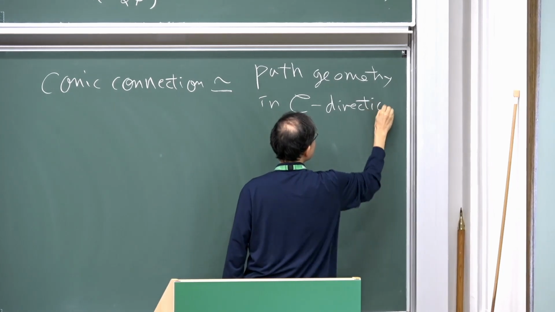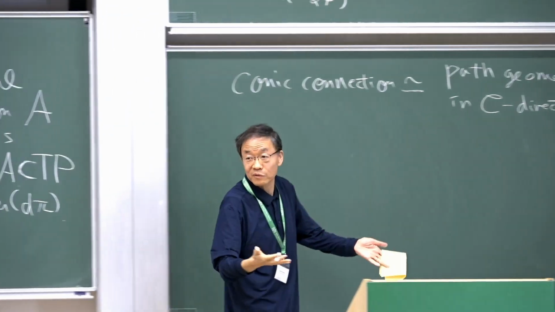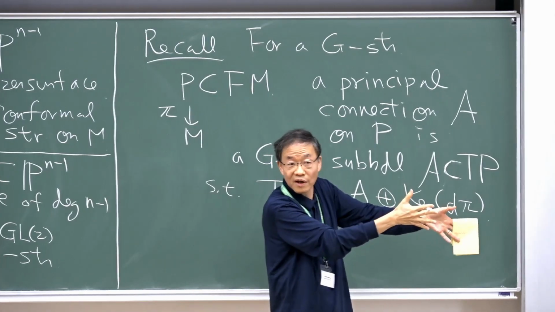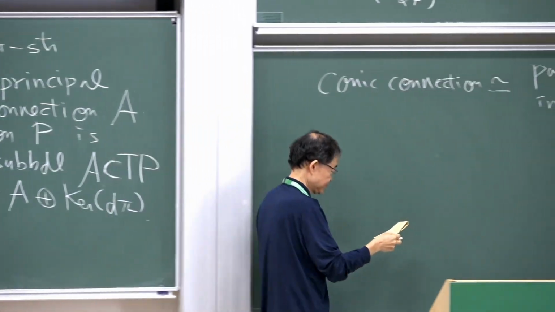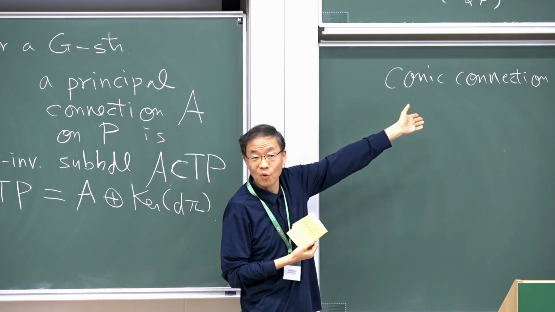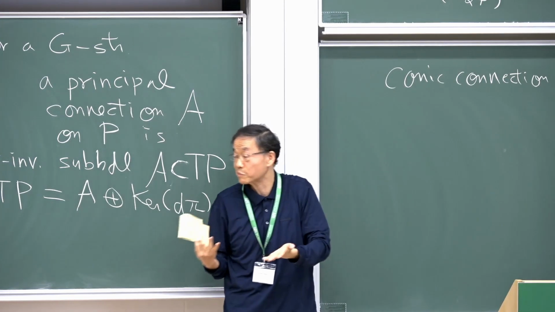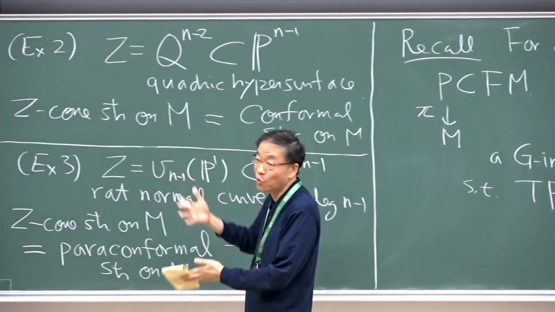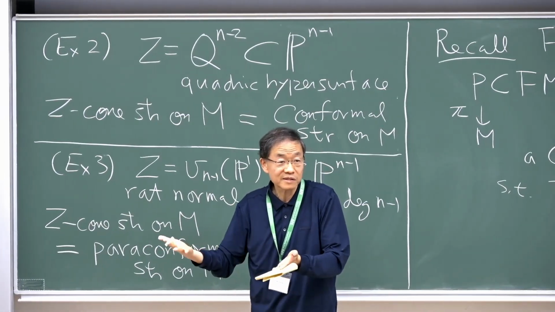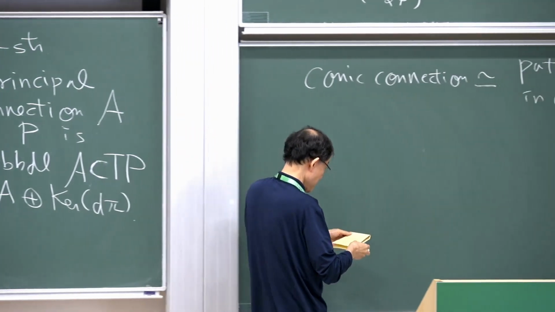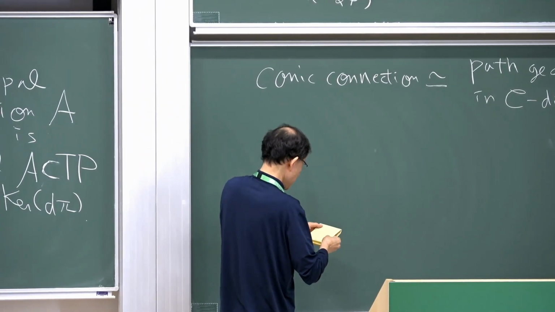It's a path geometry on the manifold, but we only consider it in the direction specified by the cone. So especially projective connection is a special case of conic connection. The usual projective connection is a special case of a conic connection when Z is the total space.